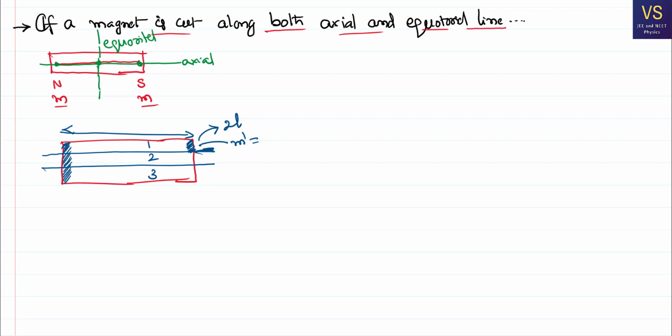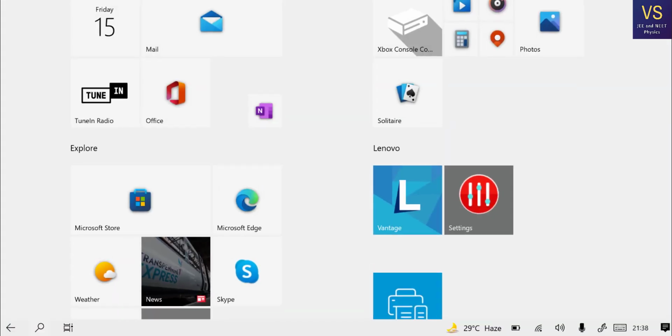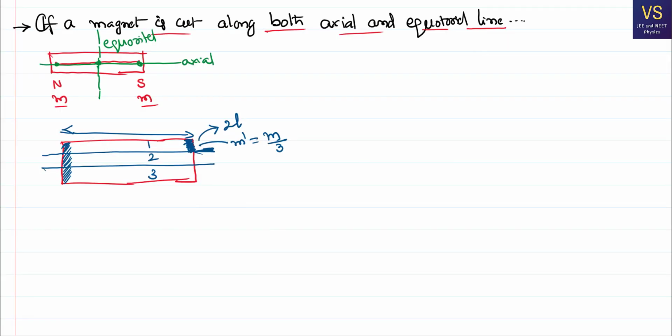The number of molecules in each piece is reduced to 1/3. Therefore, pole strength also becomes m/3, because pole strength is due to the number of tiny molecules, and the number of tiny molecules compared with the total bar magnet is reduced to 1/3.